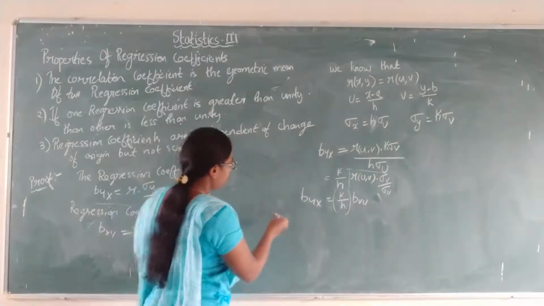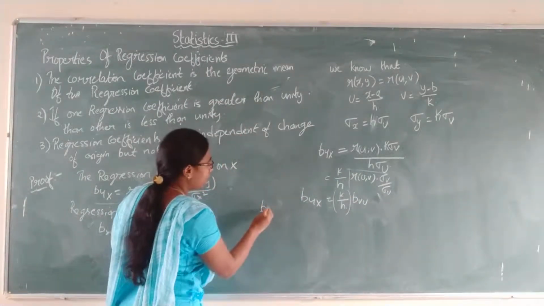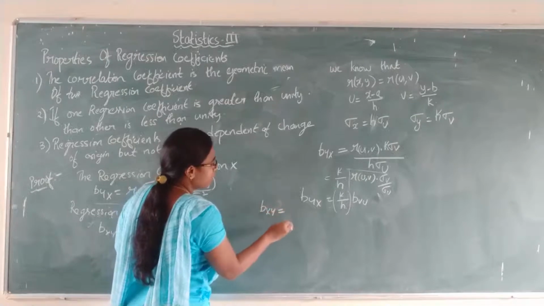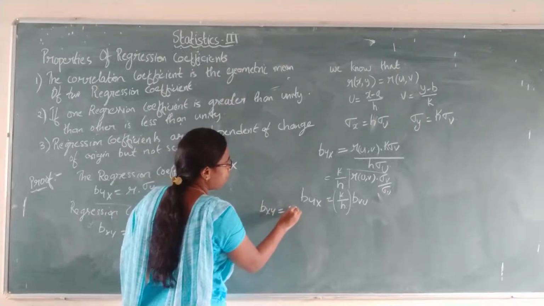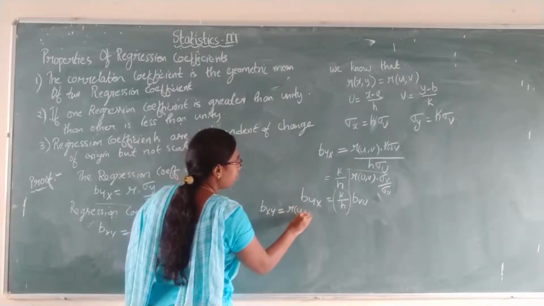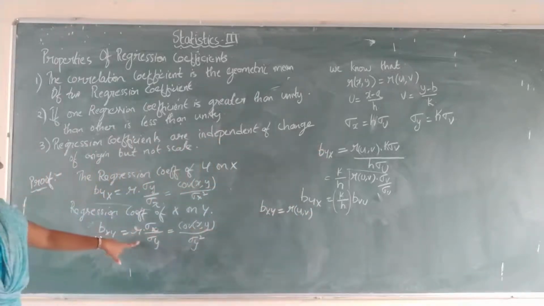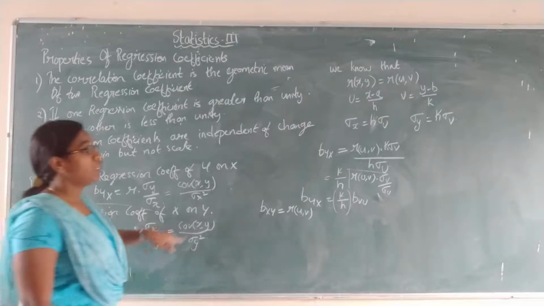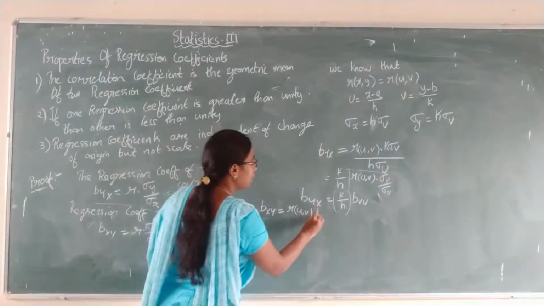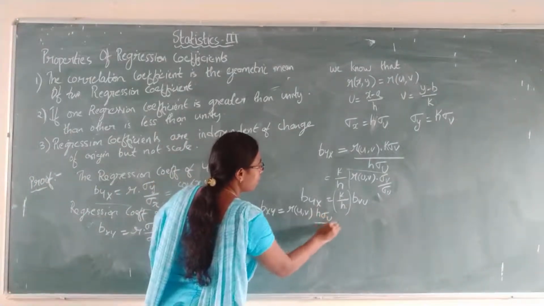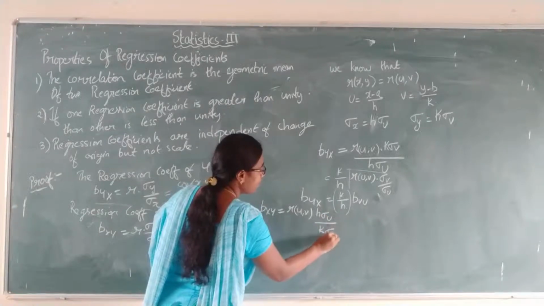Similarly, you can observe it for the b_xy also. So what is b_xy? b_xy equals r of (u, v) into, what is the b_xy formula? r into sigma x by sigma y. So what is sigma x value? h into sigma u by k into sigma v.